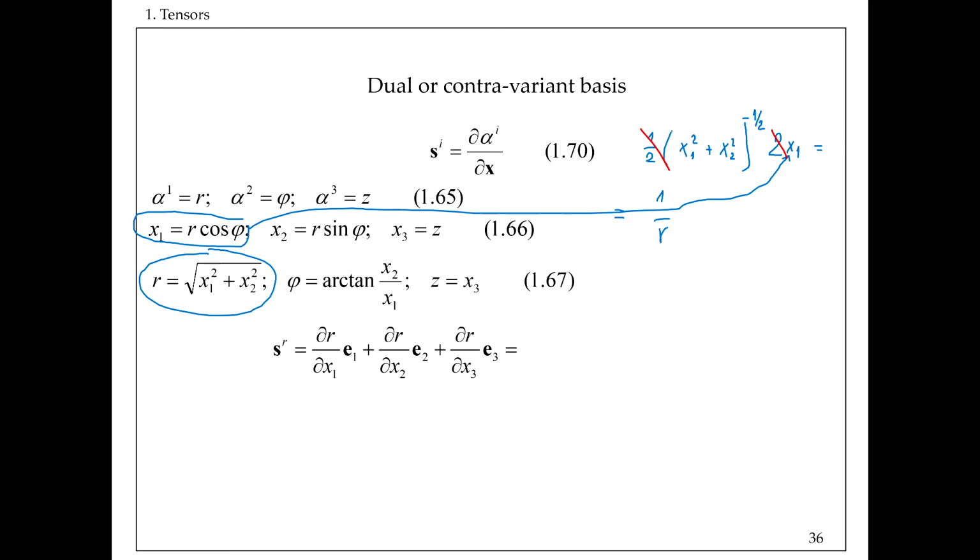Then x1 we just said is r multiplied by cosine phi. At the end, because there's r and r here, they're gone, so the result is very simple: cosine phi.